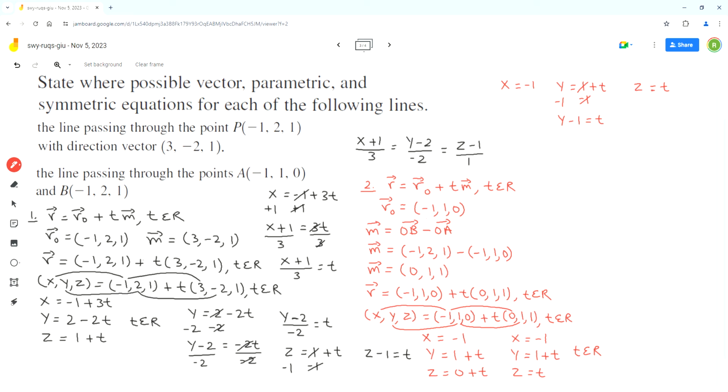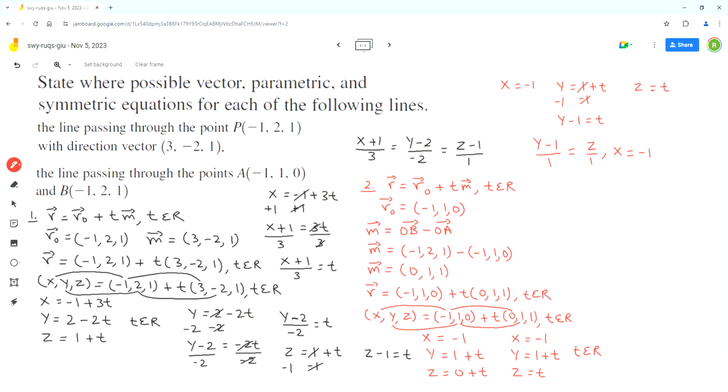Now we can write the equation in symmetric form. So we'll start by writing the y and the z parts of the equation because the x equation has no t term. In the y part, the denominator will be equal to 1 and it will be the same for the z part, and we'll write the x equation as just x equals -1.